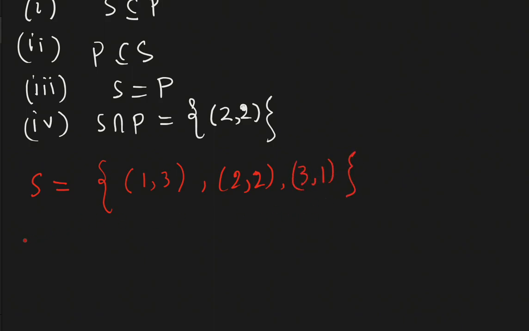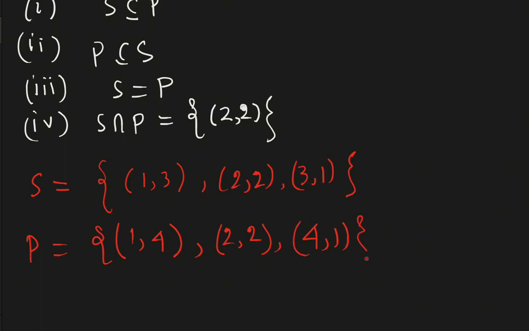And the product set is how many ways? (1, 4), obviously 1 into 4 is 4, 2 into 2 is 4, and 4 into 1 is 4. So what is the intersection? A intersection B is nothing but (2, 2). So this is the right answer.